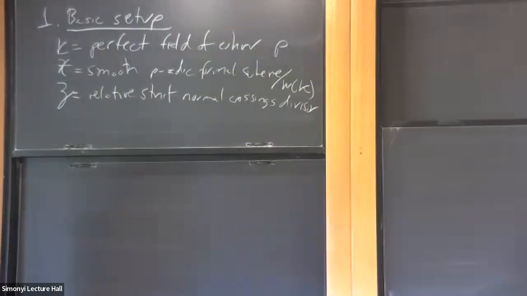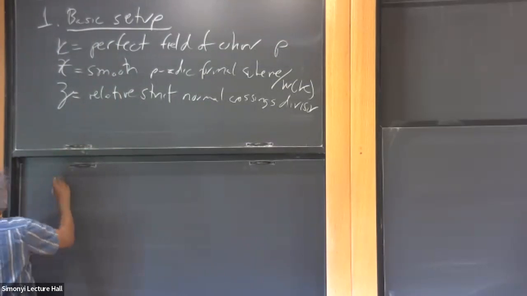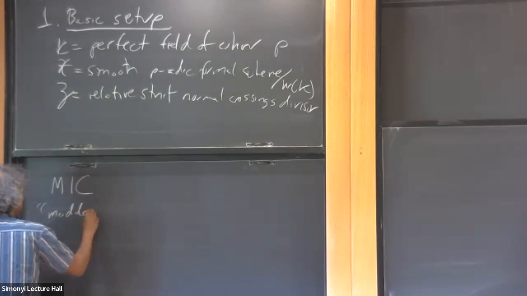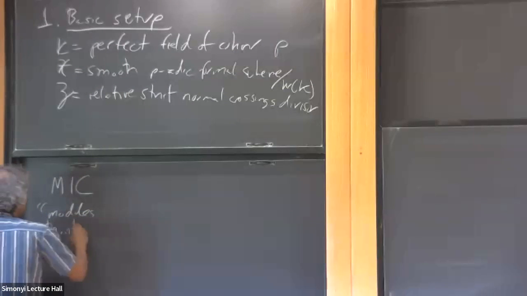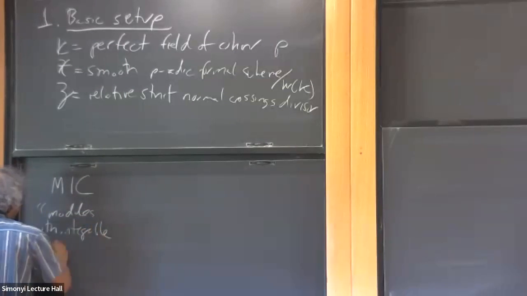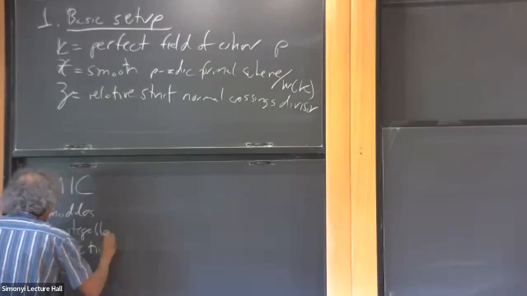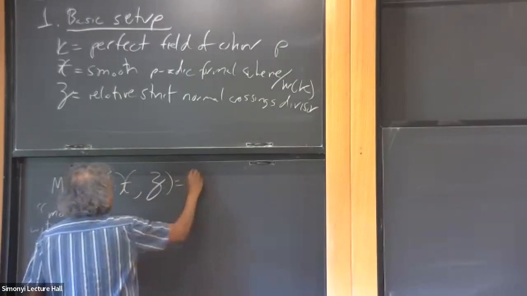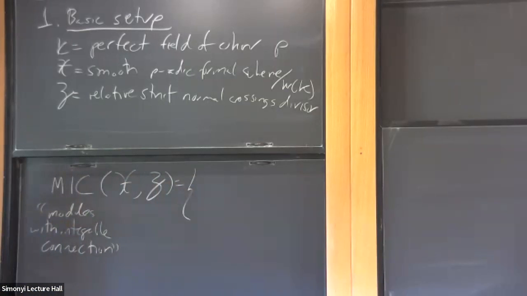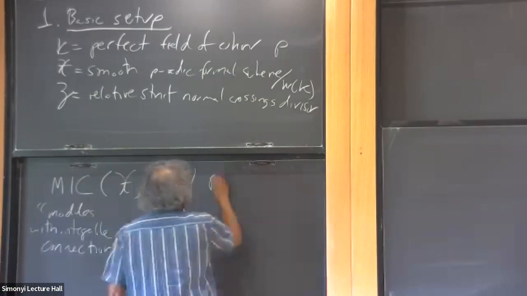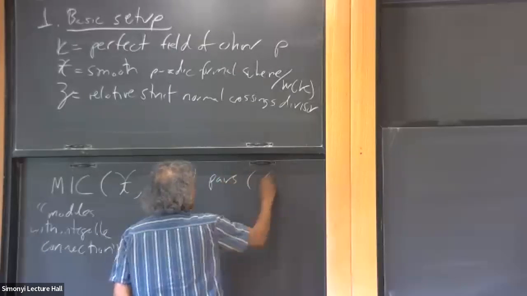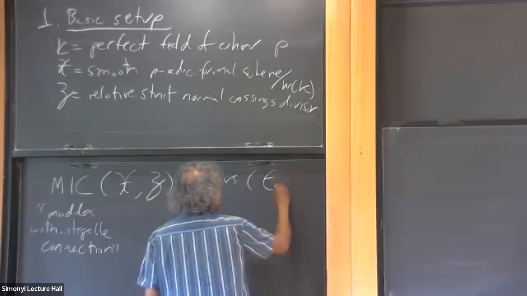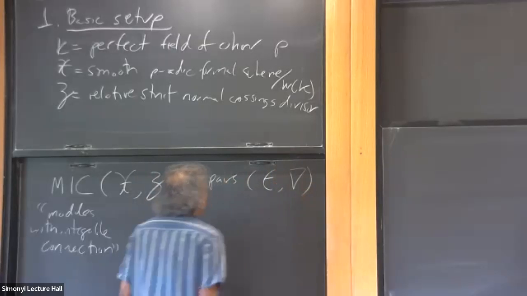Okay, so the fundamental object in this part of the talk is some category of modules with a connection. So I'm going to write MIC, which is shorthand for modules with integrable connection. The category MIC of curly X and curly Z will consist of pairs curly E, which I don't have a good fraktur font in my handwriting, so that's the best I can do.